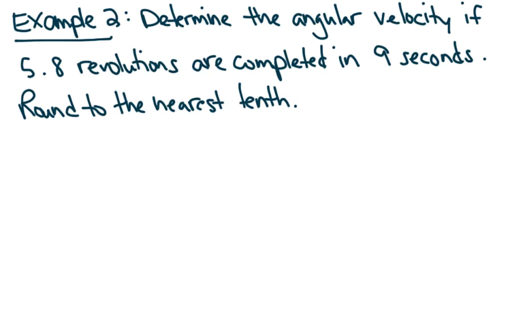Okay, so the way this formula works is theta is the radian measure of your angle. So we first have to change 5.8 revolutions into radian measure. And we just learned that we can do that by multiplying by 2 pi. So 5.8 times 2 pi is going to give me about 36.44 radians.